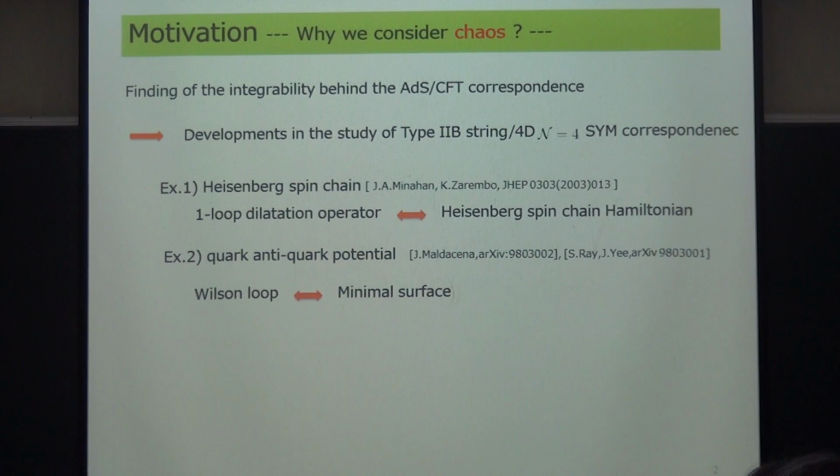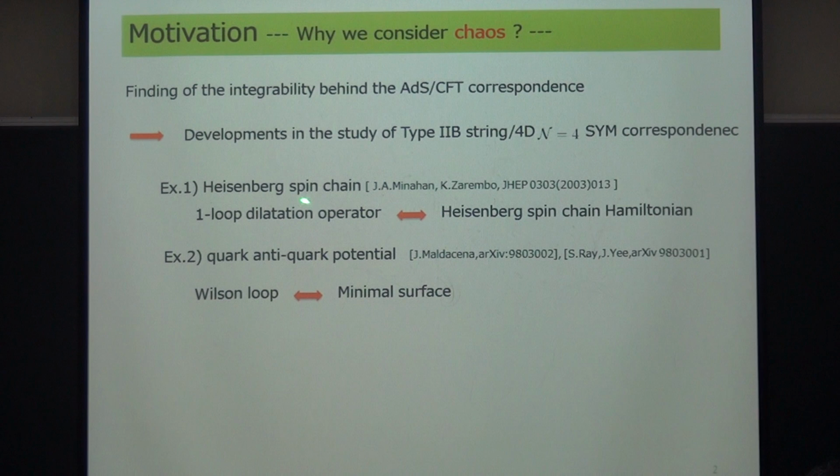Okay. First, I'd like to talk about what is our motivation to study chaos. In order to talk about that, I'd like to briefly touch the famous historical fact, that is, the findings of the integrability behind the AdS correspondence had big impact on the development in the study of type 2 string and 4-dimensional gauge/gravity correspondence.